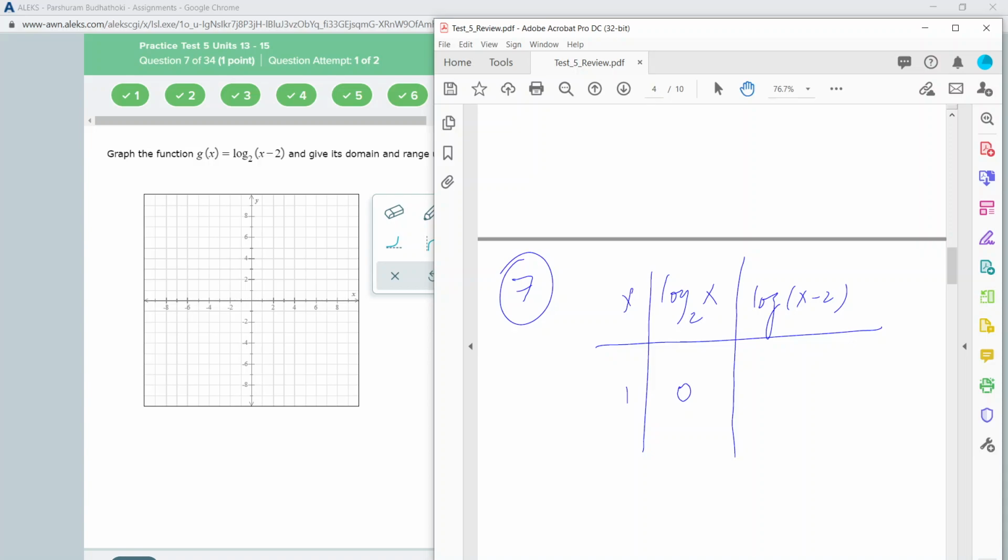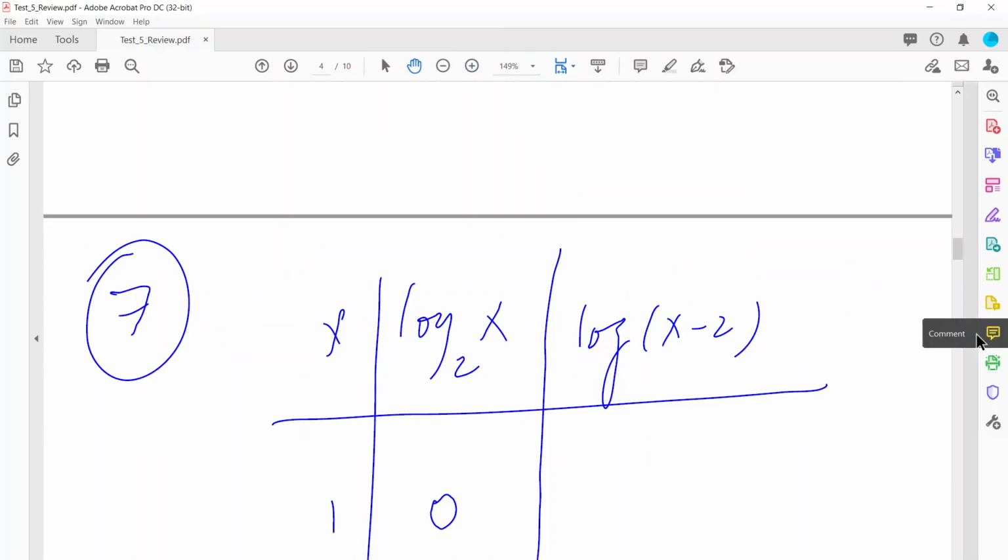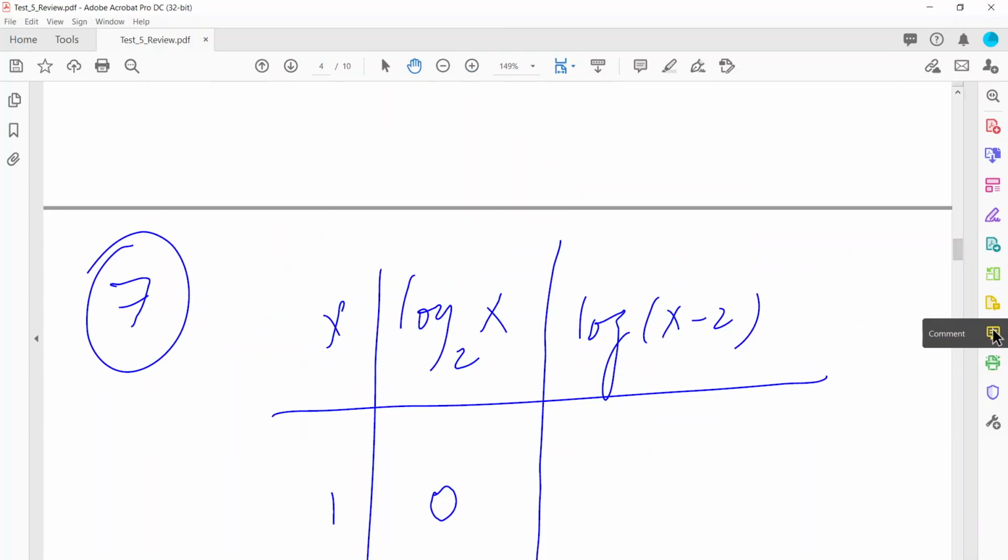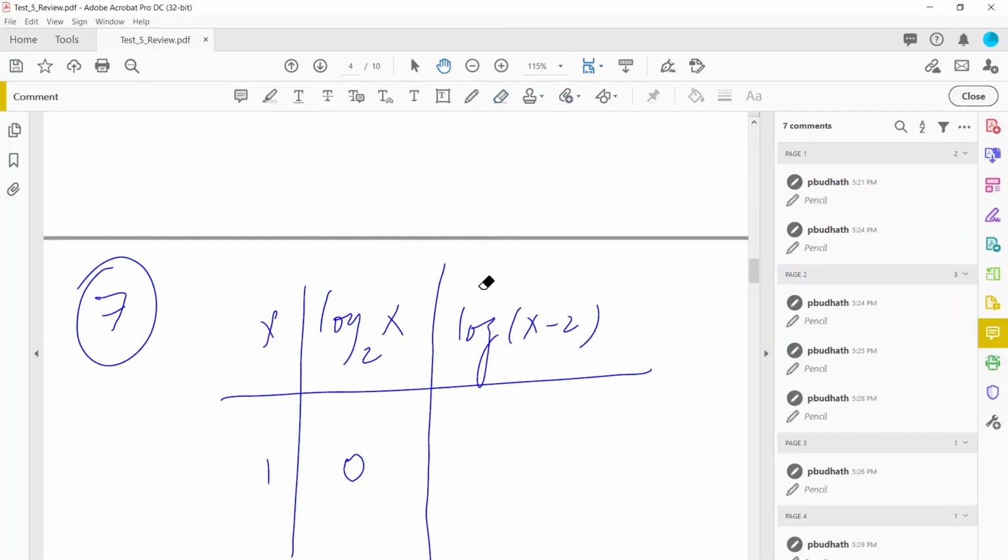I'm not going to find the value of this function, but I'm going to find the points. Let me erase this part here and find the points on the graph and shift those points 2 units to the right. Shifting 2 units to the right means just changing the x coordinate.